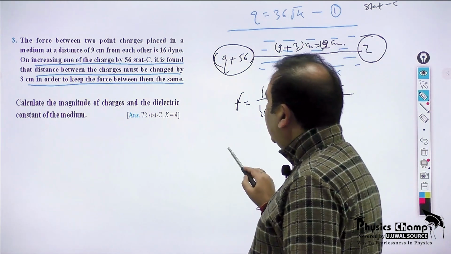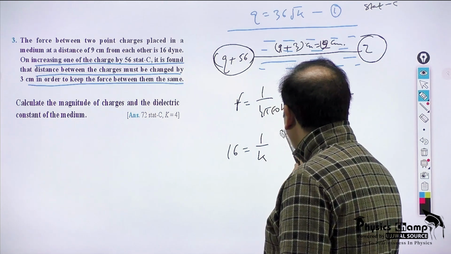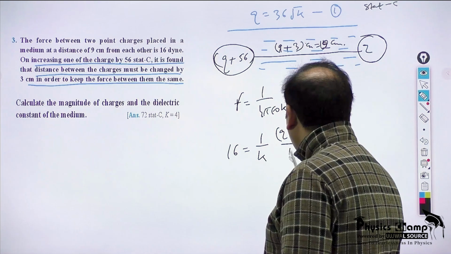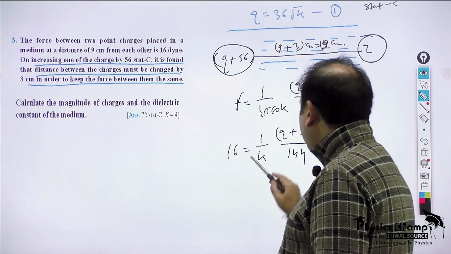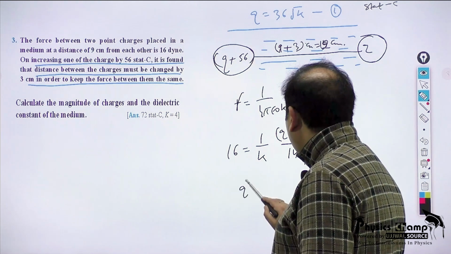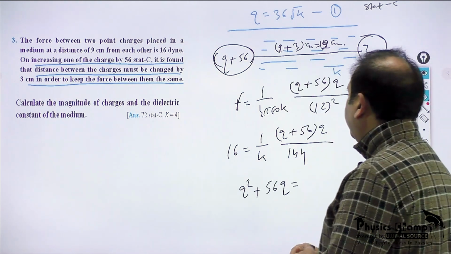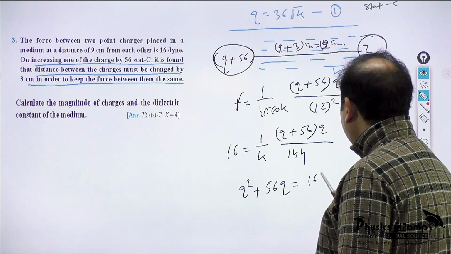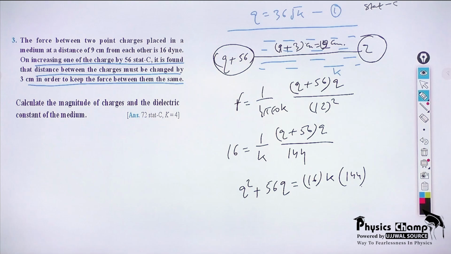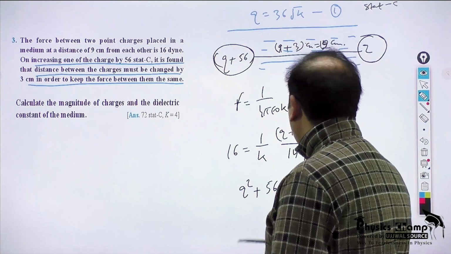The force is 16, equal to 1 by K, Q plus 56 Q, divided by 144. So here I will have the equation which says Q square plus 56Q is equal to 16 K into 144.